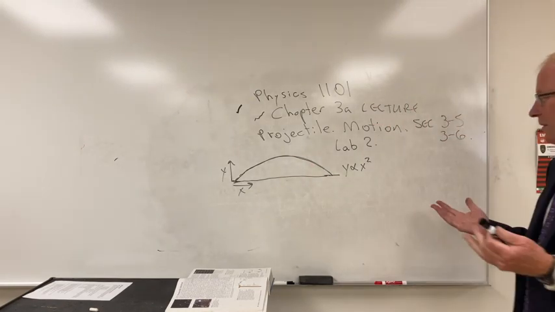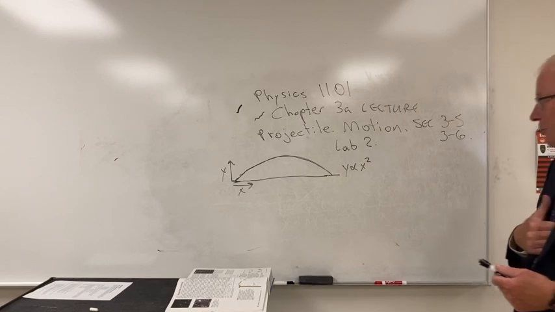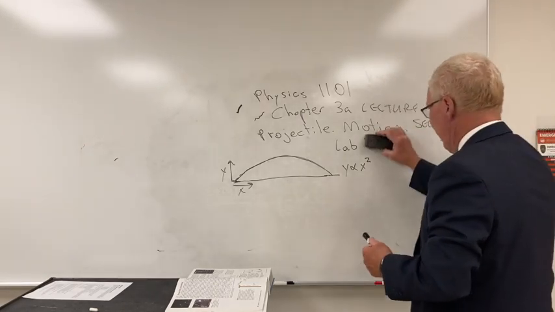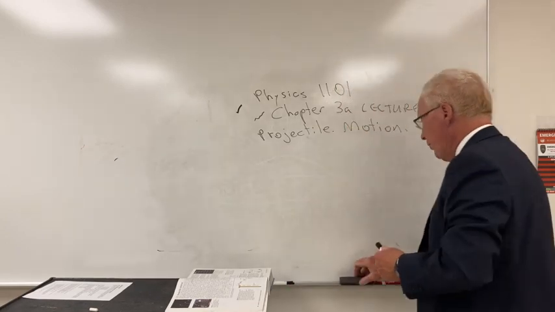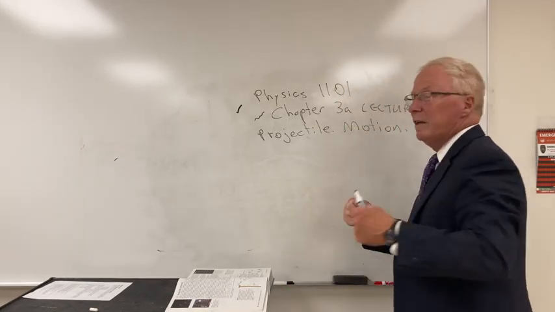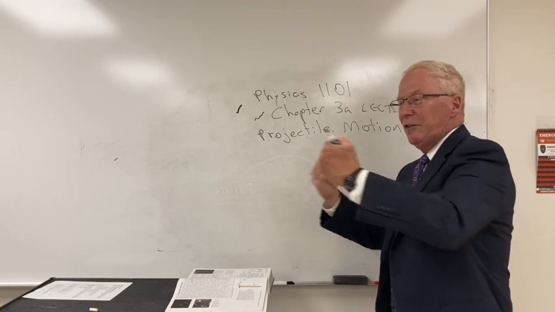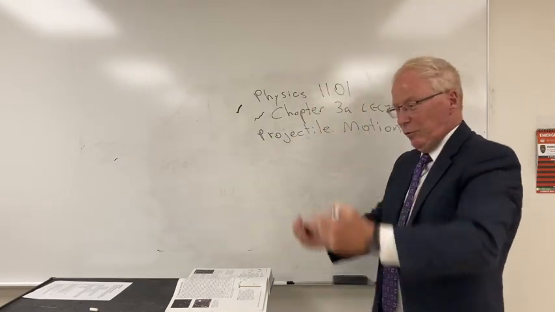Now this is a little different from what we had in chapter 2, and I'll get to that. In chapter 2, we're dealing only with motion in either the x direction or the y direction.